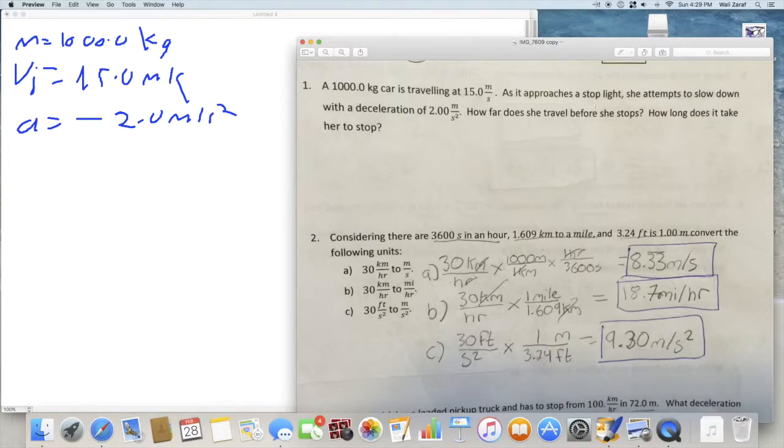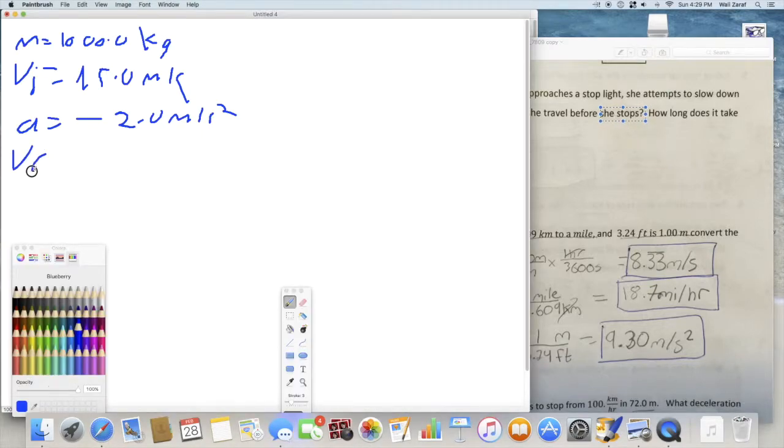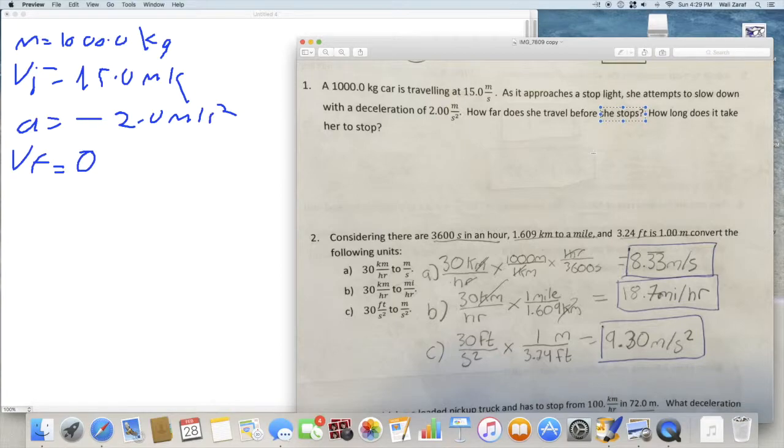How far she traveled before she stops. This is important. This tells us our final velocity. Vf is equal to 0. We gotta find two things here. We gotta find the distance she travels, how far, and her time.